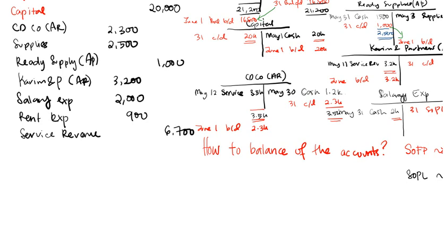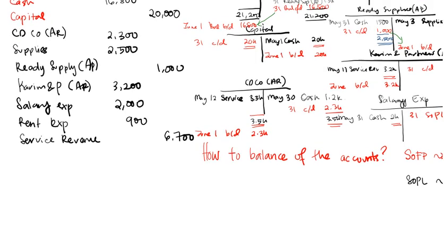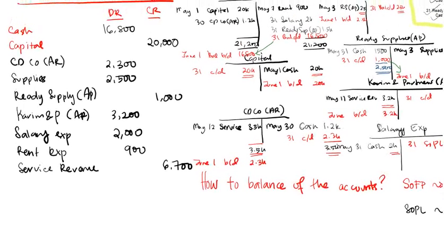So with that, we can total up both sides and see whether we have done the right thing. 27,700. And calculate the total of the debit side. And you'll see that, yep, we have exactly the same, 27,700.